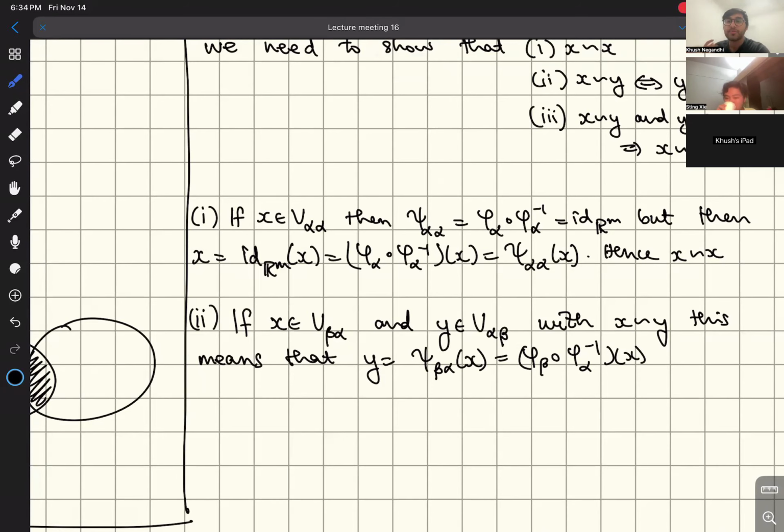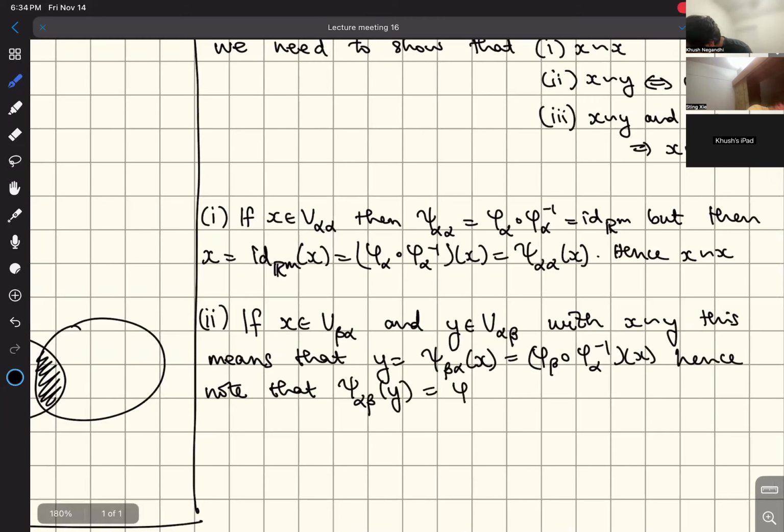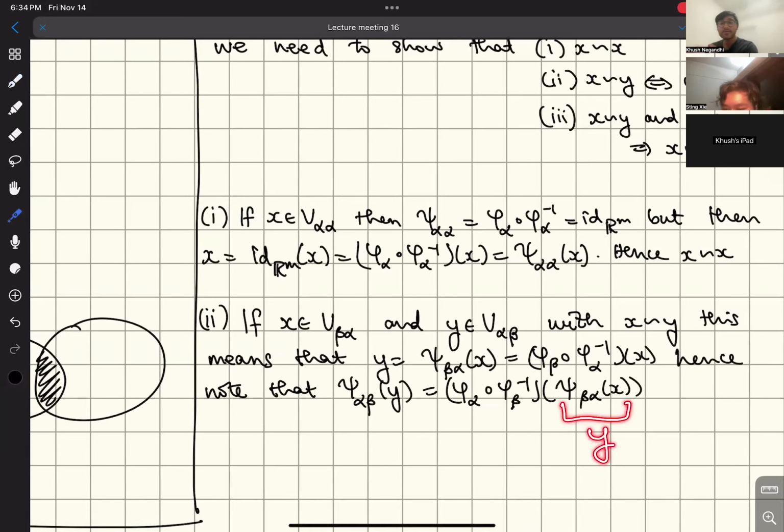Now, the defining properties of the phi alphas are that they're invertible, right? Hence, if I take the inverse of this map, note that psi alpha beta of y is nothing but phi of alpha composed with phi of beta inverse on psi of beta alpha of x, because this is just y.